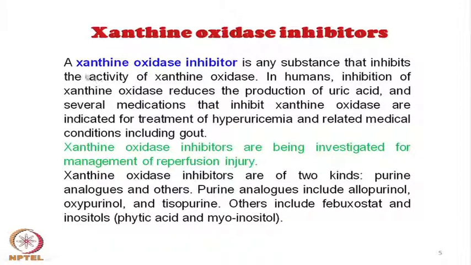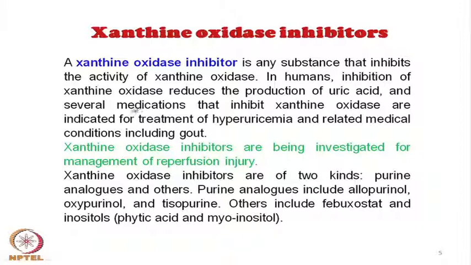So, in general form, these are the molecules which can go and bind to the molybdenum site of the xanthine oxidase. We see that a xanthine oxidase inhibitor will definitely go and bind to the molybdenum center and reduce the activity of xanthine oxidase.